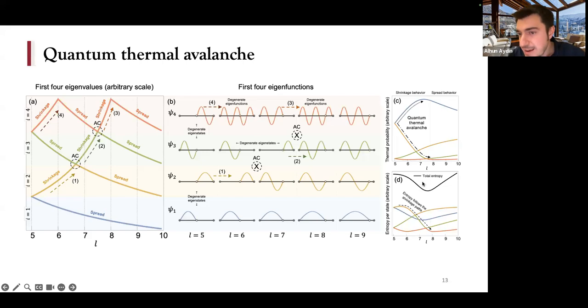So you see that the black one, the total entropy, can be understood when you look at entropy per state and where the entropy decreases due to these shrinkages. This is the effect that I called quantum thermal avalanche, because this is really a rush into the ground state because of the geometric effects that you induce in your system.